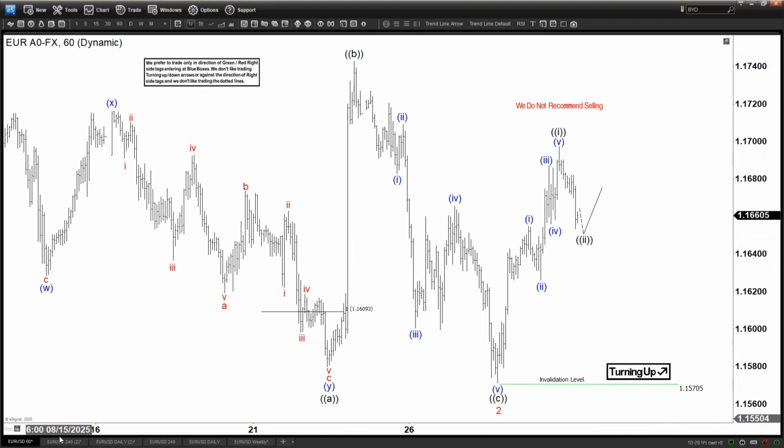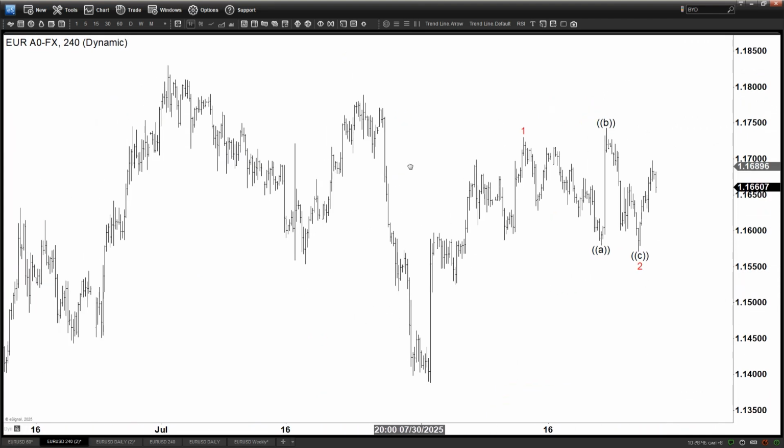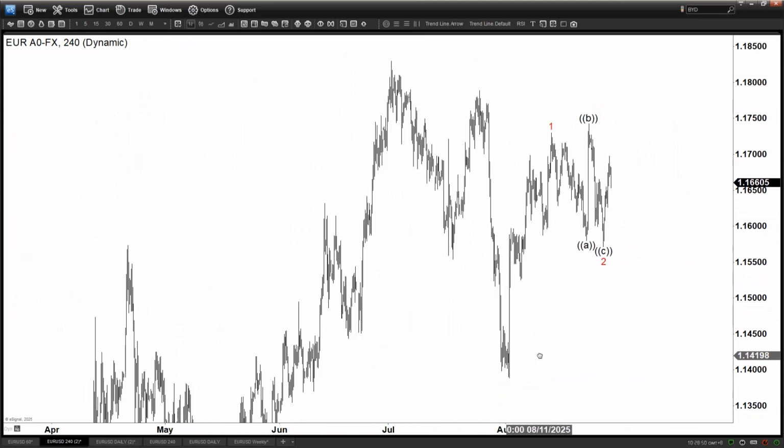Second thing I want to talk about is the larger degree euro dollar. If I zoom out like this, you notice this peak in July and this low in August was a very clear 3 waves down. What does that mean? Well, that means it is not bearish, because if it were bearish, it would have been 1, 2, 3, 4, 5 with an extended wave 3 and then the 4 and a 5.